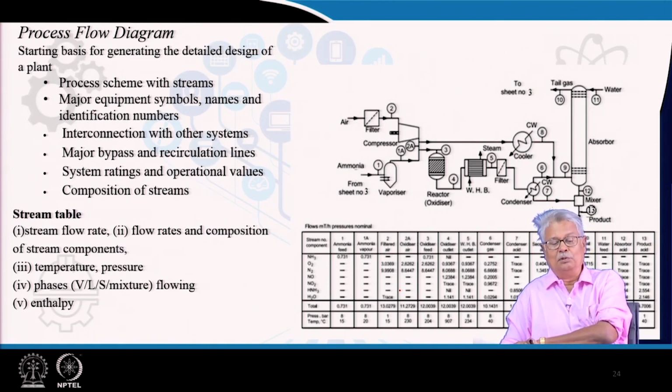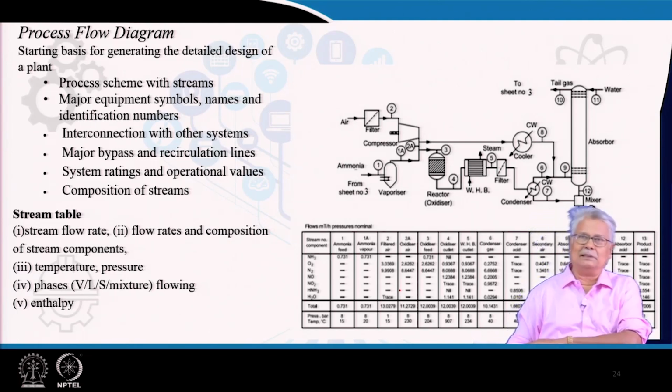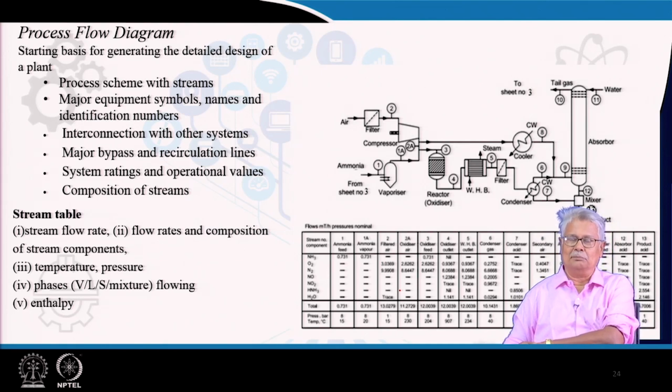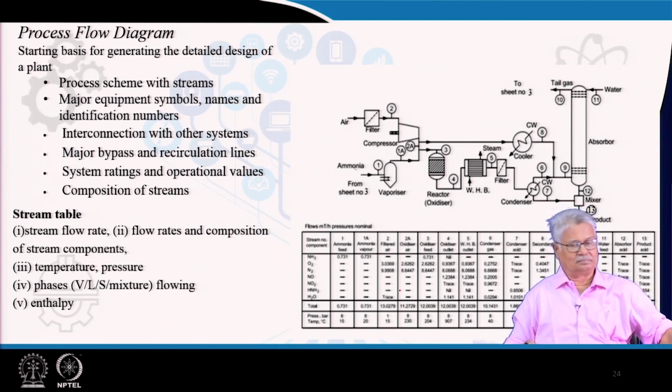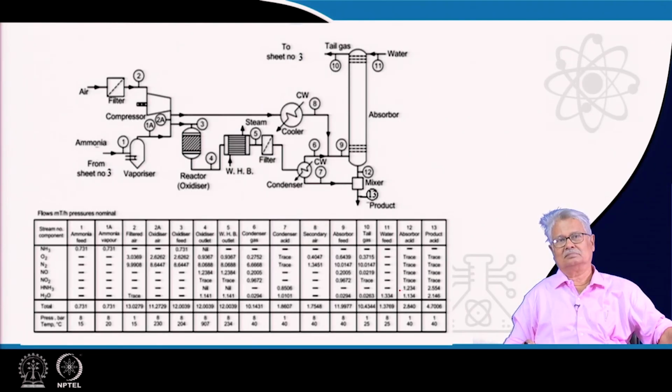Now, you definitely will be having a stream table, which is the table that you can see here below the diagram, which contains the stream details stream number wise, which includes phases, temperature, pressure, enthalpy and flow rate. This is the same thing separately shown.